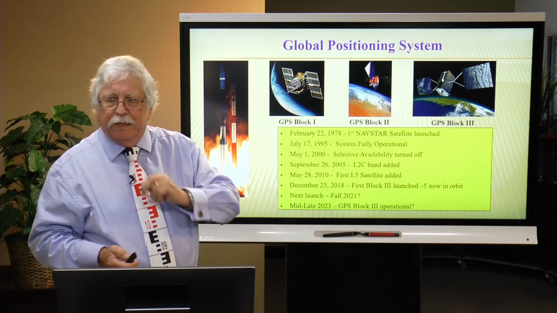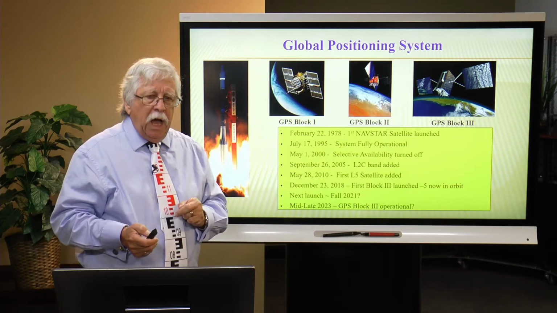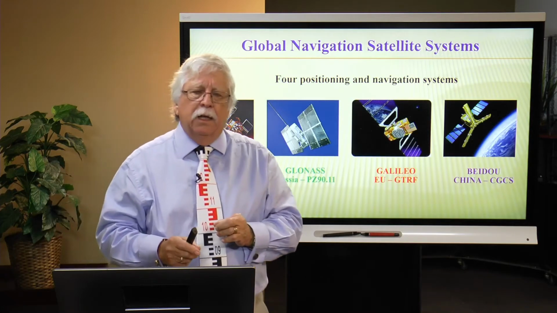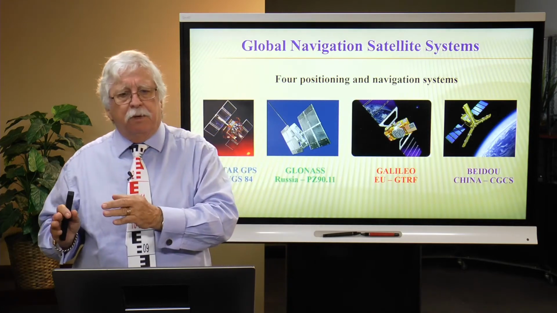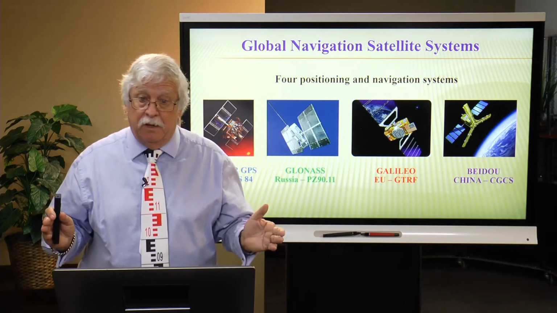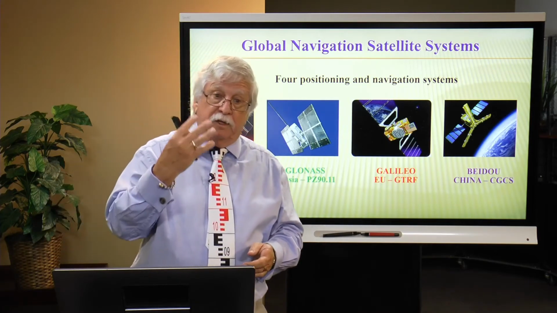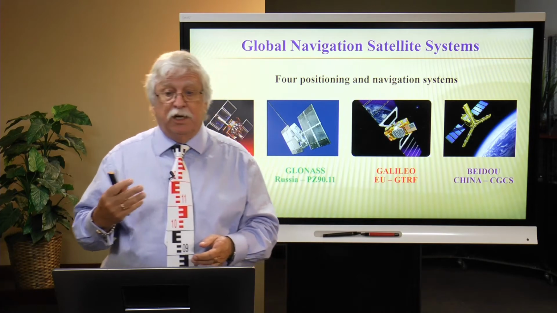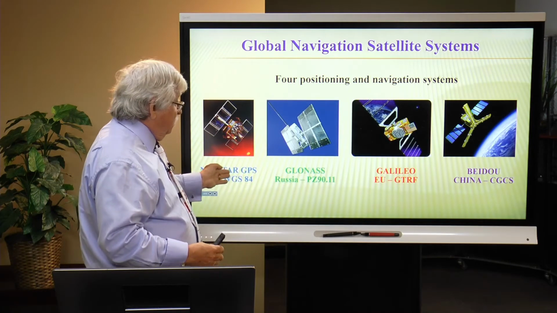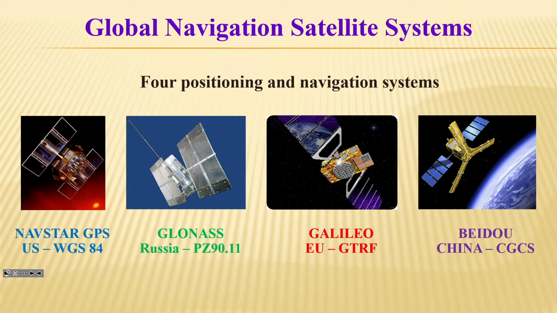Now, that being said, I want to take a look at the fact that we really no longer say global positioning system. We say global navigation satellite systems. There are 4 constellations providing us positioning and timing: the US Navstar GPS, the Russian GLONASS, the Galileo from the European Union, and Beidou from China.